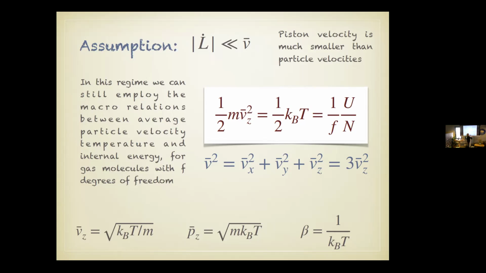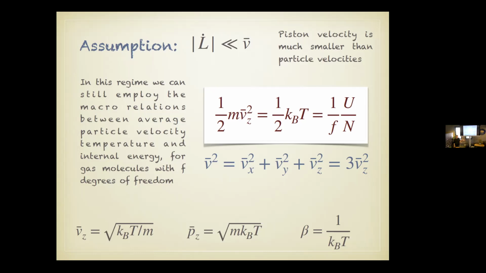Let's say the Z component is the component that is orthogonal to the piston surface. Then the kinetic energy with respect to this degree of freedom is the internal energy divided by the number of particles divided by the degrees of freedom, equal to 1/2 kBT.